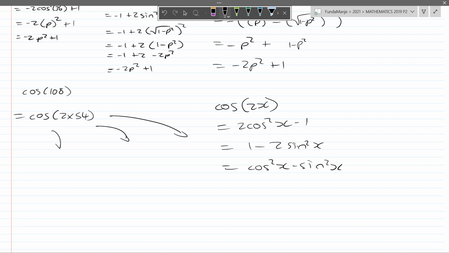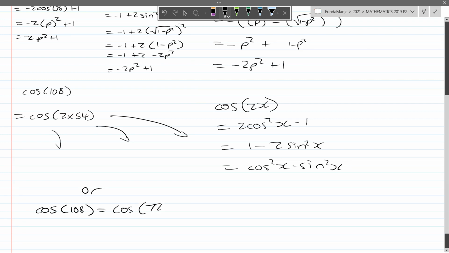Then lastly, you can use cos 108 as being equal to cos of 72 plus 36, and this will sum up to 108.